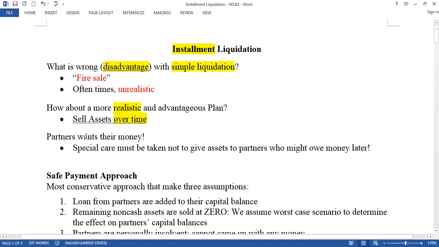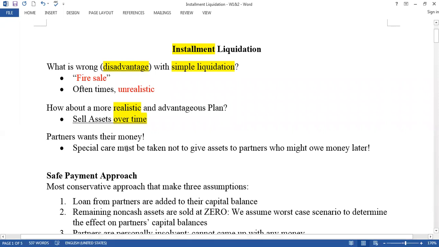Now, when partners are going to be paid, special care must be taken not to give assets to partners who might owe money later. For example, you sell assets for $10,000, but the partners are to receive $40,000. How do we distribute this $10,000? It can be distributed to whoever has the ability to survive. Last class I explained who has the ability to survive and who does not.